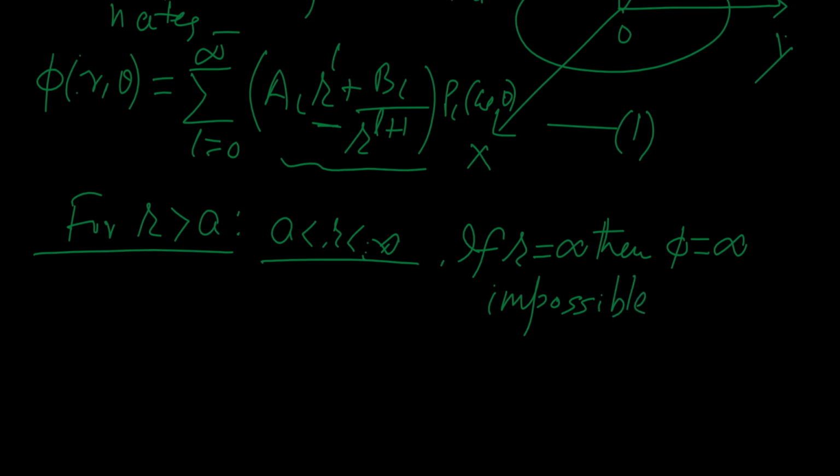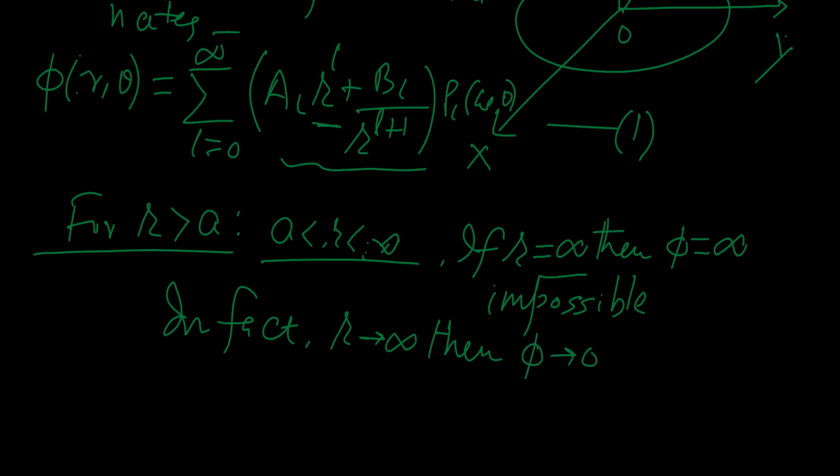In fact, when R tends to infinity, in a strict sense of mathematics we should not take R equal to infinity, but say R tends to infinity, then phi must tend to 0. This is our real physical situation. This is reality.